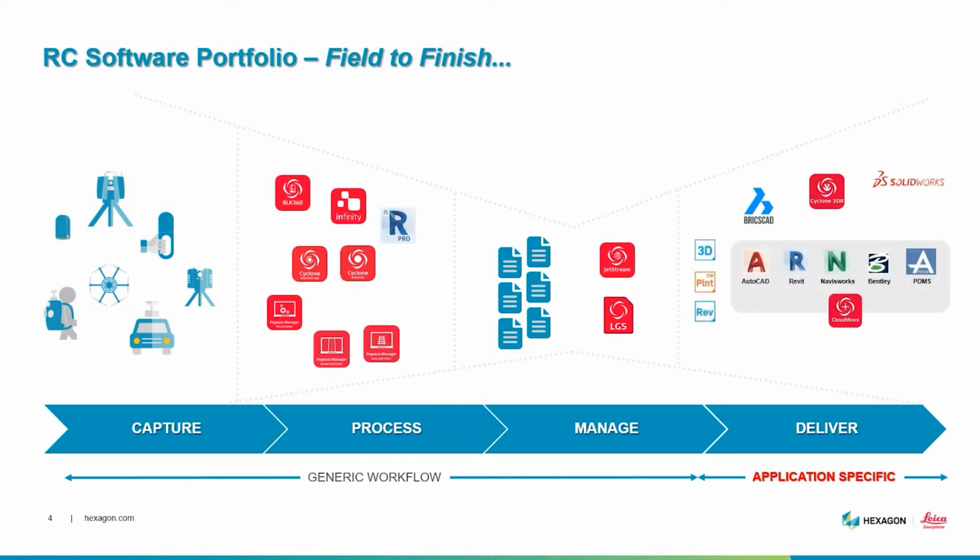We then have the final delivery stage, where we can bring that information into a CAD environment and work with that point cloud efficiently. The first stage is the capture, and this is where we're going to be concentrating our efforts most. This is where Cyclone FIELD 360 is utilised, because it's the actual application that collects and processes the data whilst in the field.